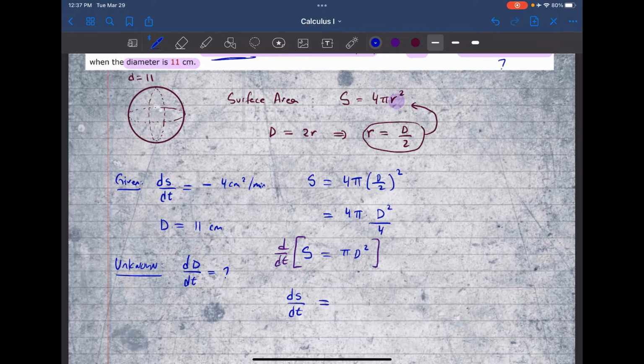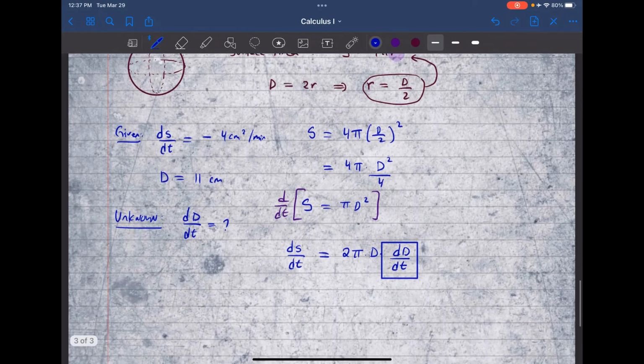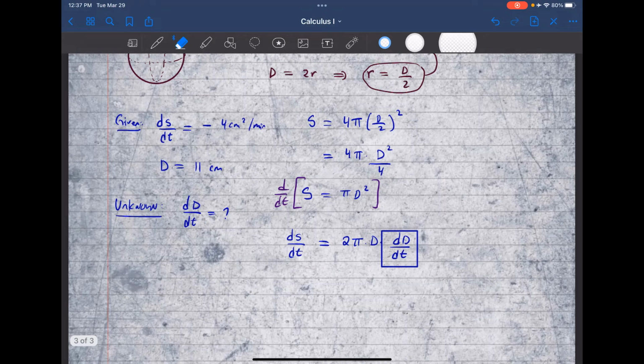Then the derivative of pi d squared using the power rule is 2 pi times d, but because it's implicit, we have to tag on dd/dt. And you're looking for this quantity right here. So you simply divide both sides by 2 pi d. So we have ds/dt divided by 2 pi d is equal to dd/dt.